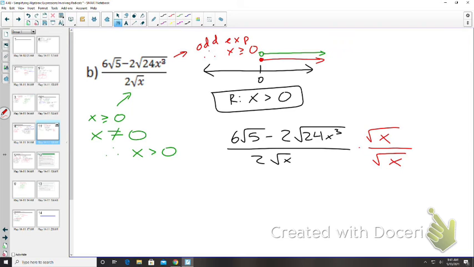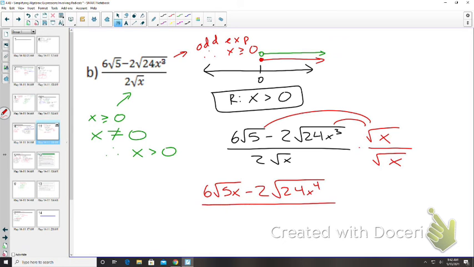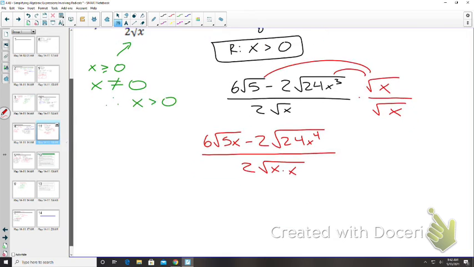Okay, this will then look like, so we're going to multiply that by both terms, right? So we will have 6 root 5x minus 2 root 24 x to the 4th over 2 times x, which is going to be x squared.